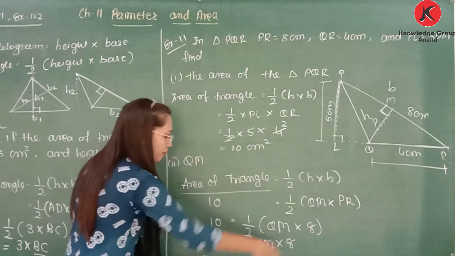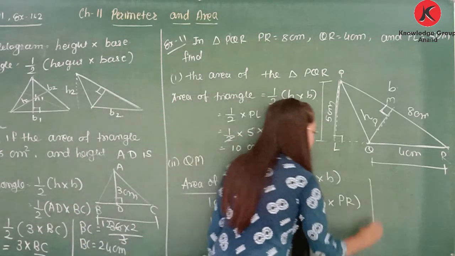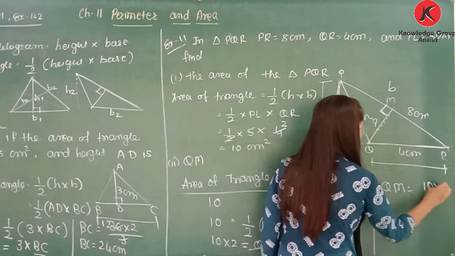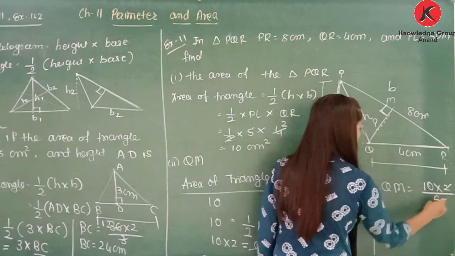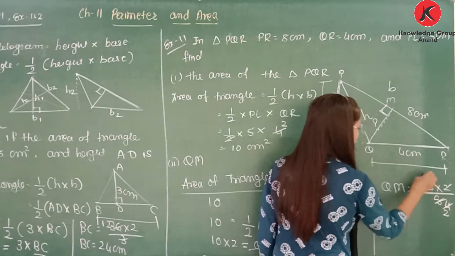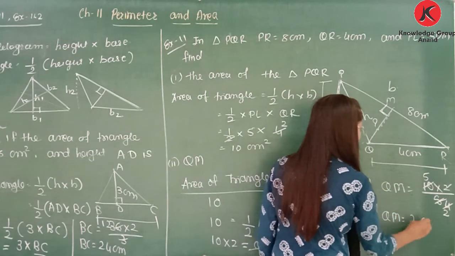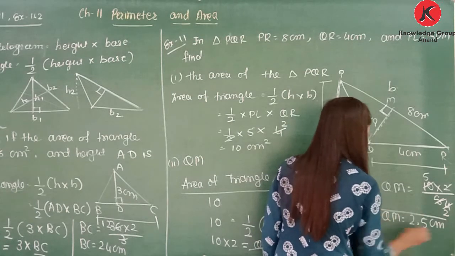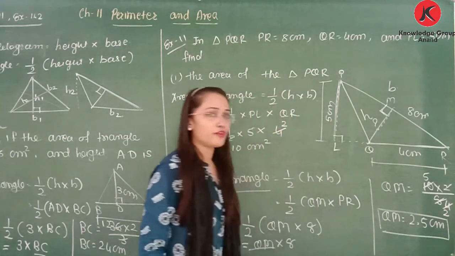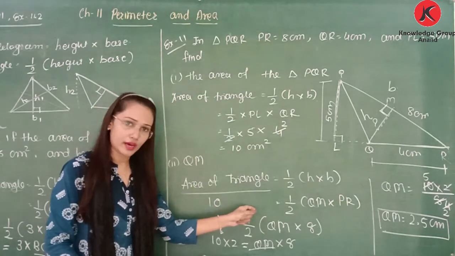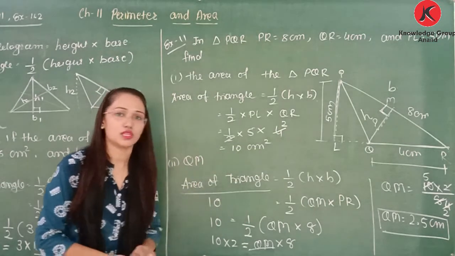Now to find QM, take 8 and divide. QM is equal to 10 multiplied by 2 divided by 8. 4, 5 by 2. So QM is equal to 2.5 centimeters. Okay. So you can find the first area and use that value to find another height. Clear? So this way you can solve this example.